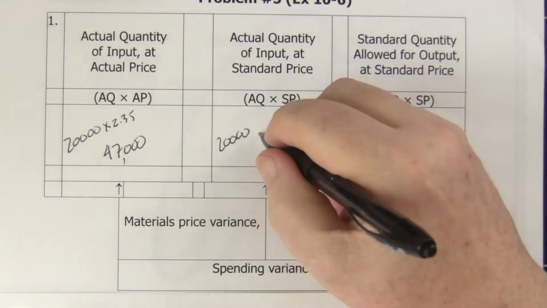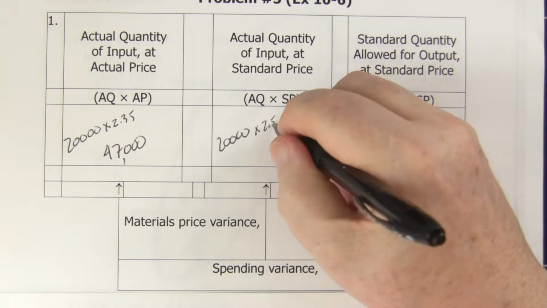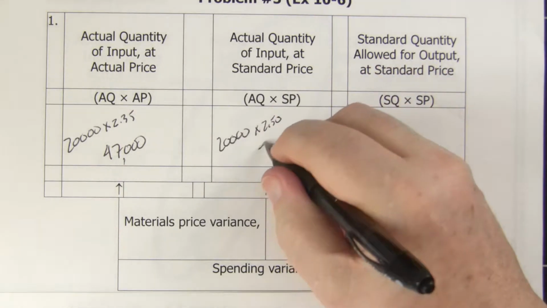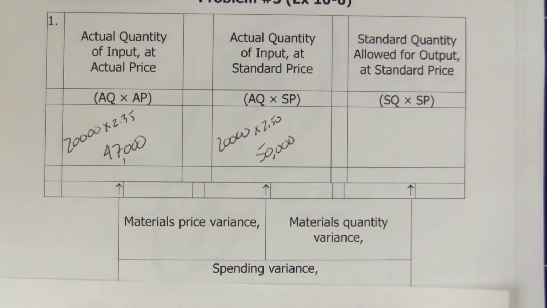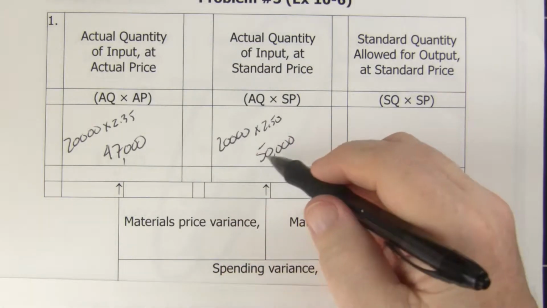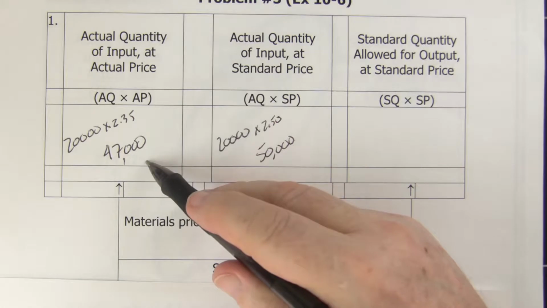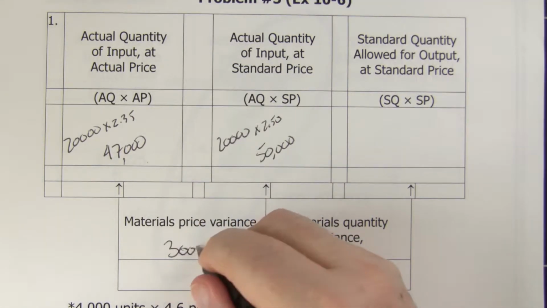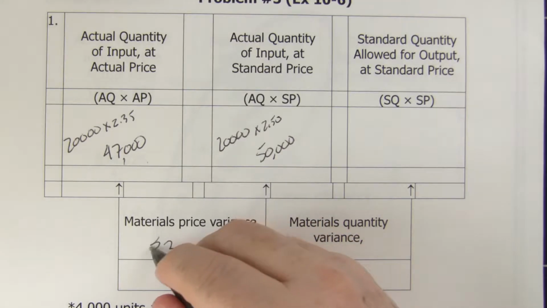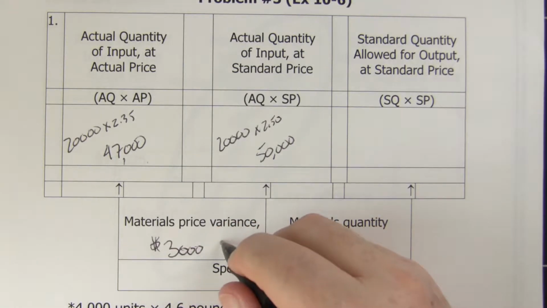So 20,000 times $2.50 per pound is $50,000. Right there between those two, we could have spent 50. We did spend 47. That's a $3,000 favorable price variance.